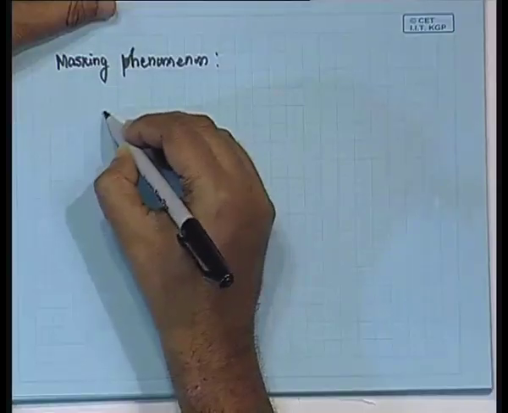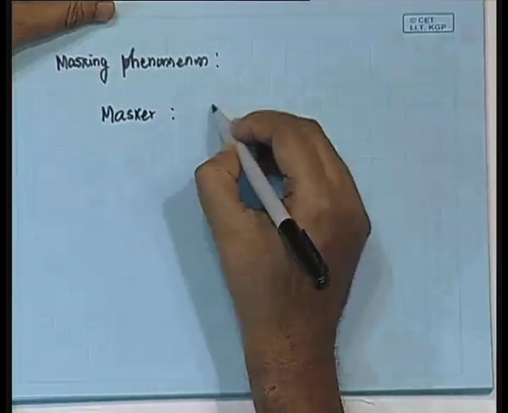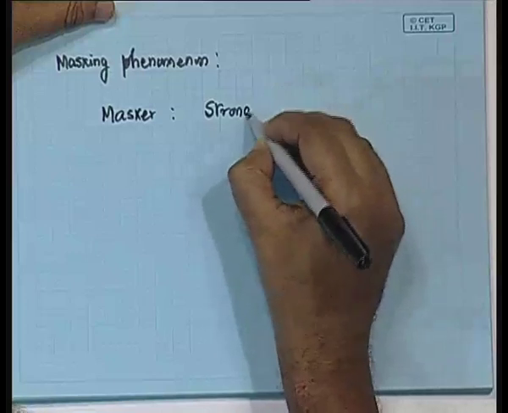So, we have some strong signals which are called the maskers. Maskers are the strong signals which cause masking of weaker signals.